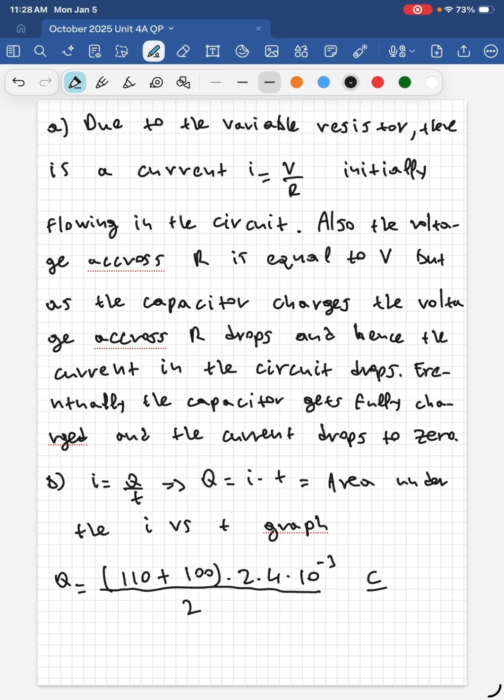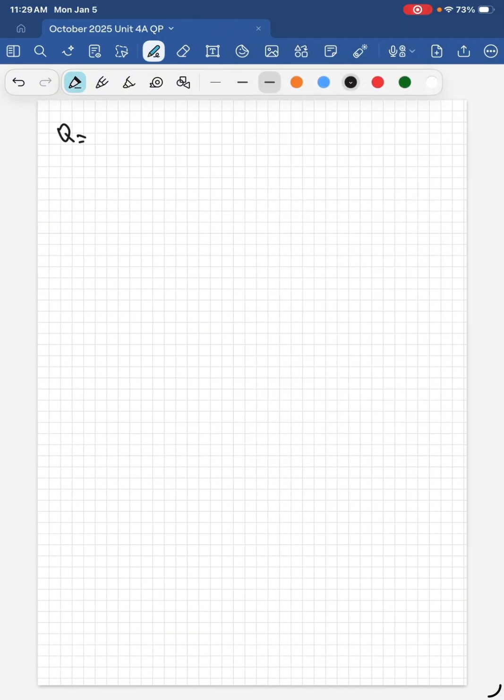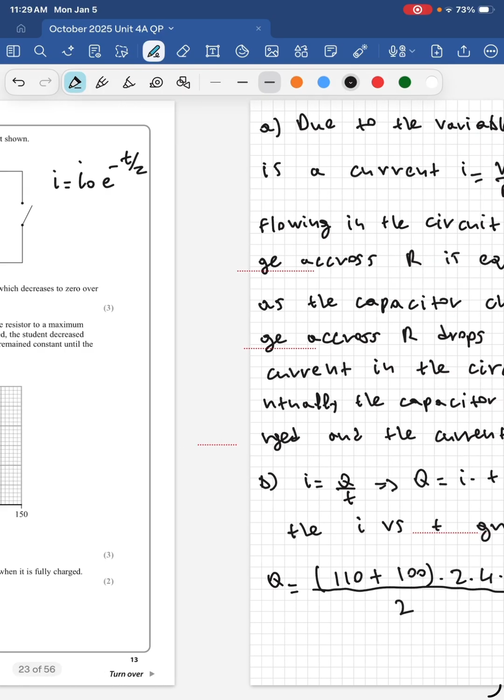And this is coulombs per second times seconds. So the charge is 0.25 coulombs. And then we can simply divide charge by voltage to find 0.25 over 6 yields 0.04 farads. Okay.